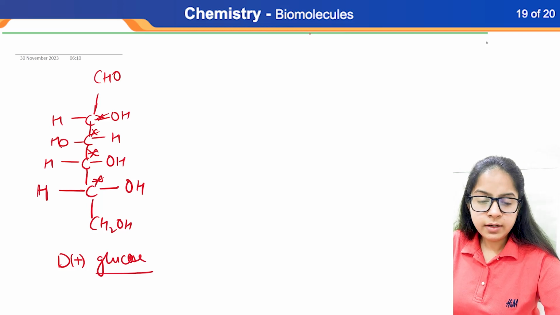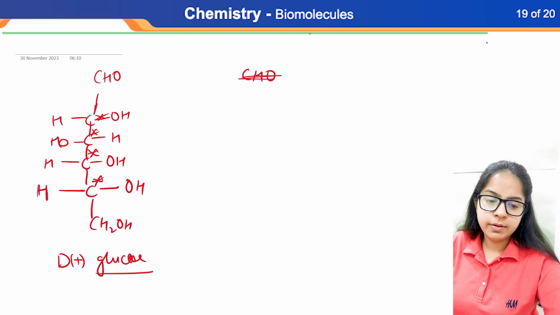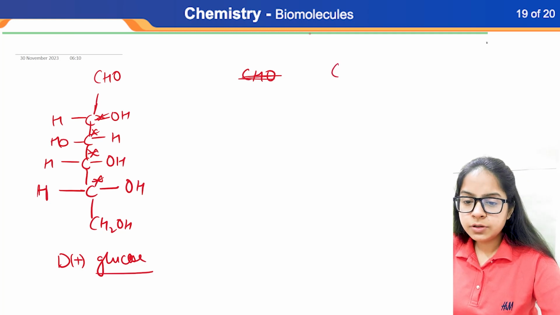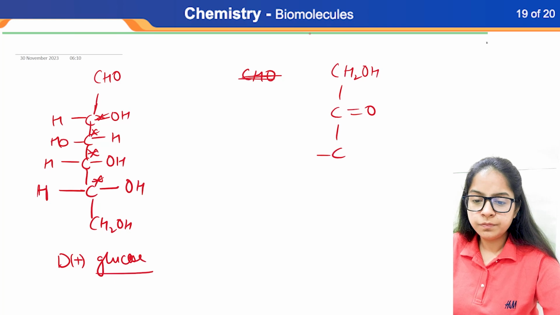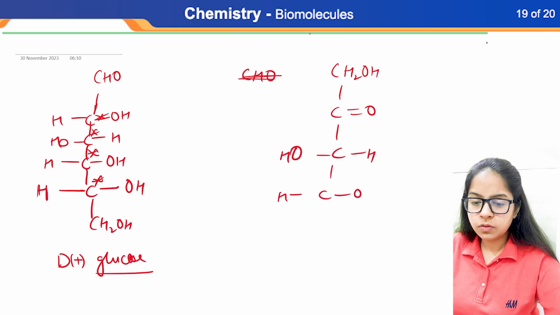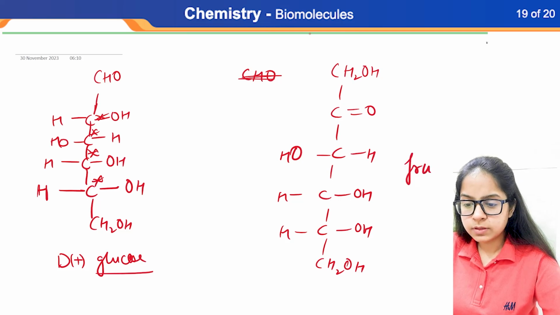After that, if I want to write the structure of fructose, you need to remember this. The structure of fructose is CH2OH, C double bond O, OH, HOH, HOH, CH2OH. So this one is the structure of fructose.